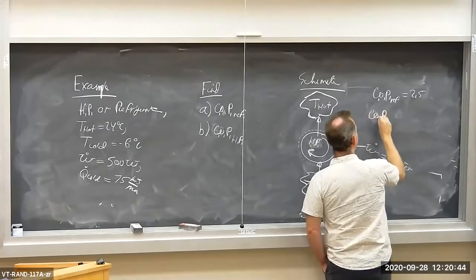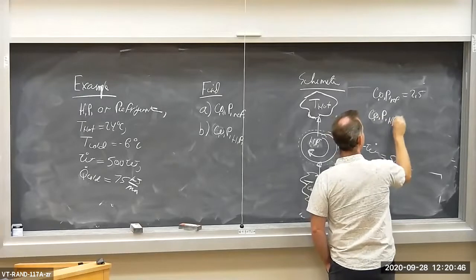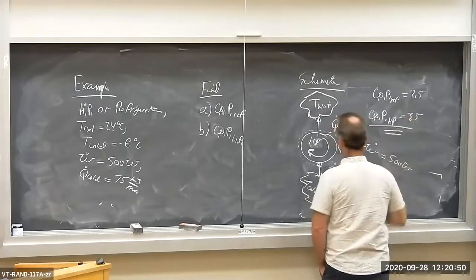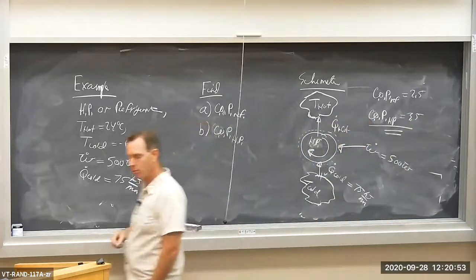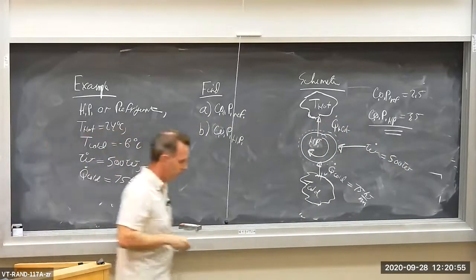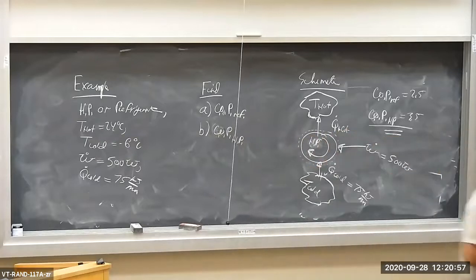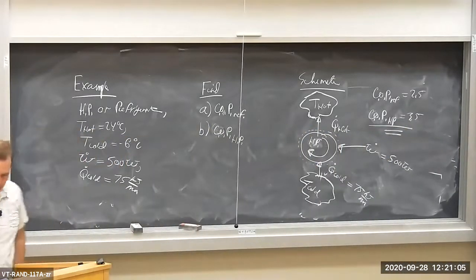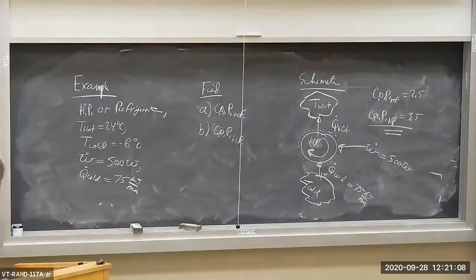If you want to treat it as a heat pump, it's equal to 3.5. Same device, different benefit, therefore different efficiency, i.e. coefficient of performance. Okay, let's take a pause here.